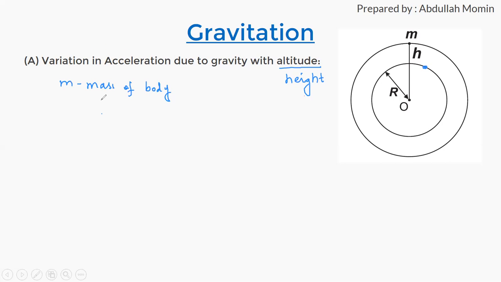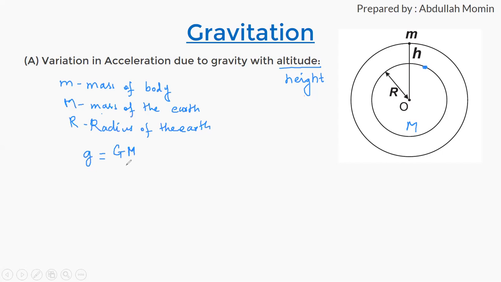When the body is on the surface of earth, and if the mass of earth is capital M, and R is the radius of the earth, then from the formula of acceleration due to gravity, g can be written as GM upon R square. This is your equation number 1.